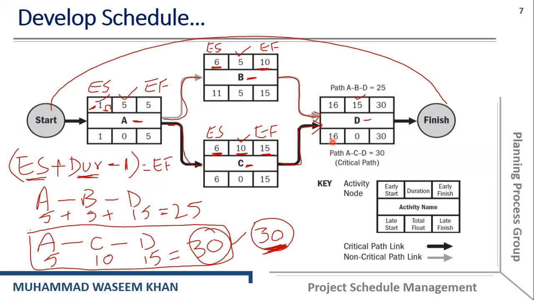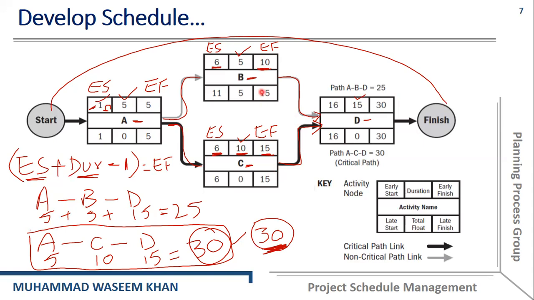Now, if we want to find the latest finish of activities B and C, we subtract 1 from the latest start of activity D. So 16 minus 1 is equal to 15. So 15 would be the latest finish of activity B, and 15 would be the latest finish of activity C as well.